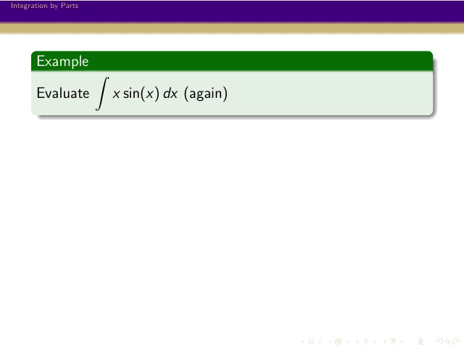So we'll go back and look at the same integral again, but what happens if we flip? So originally we picked x to be our u. What if we picked sine of x to be our u? And then that means that everything else that we are left with is going to be our dv. And so dv, if we take sine x to be u, then everything that's left is x dx.